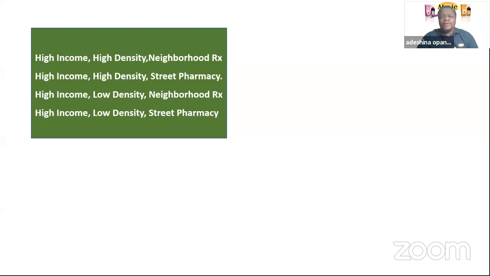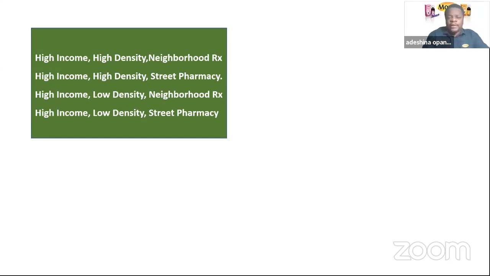For that one, I may be looking at all those reserved estates in Lekki, all those estates where there are not too many people. The richest of the rich, maybe Banana Island, I've never been there, that may qualify. And then there's a high income, low density street pharmacy. So maybe some streets in VI where it's off a major street, but there are not too many people there.